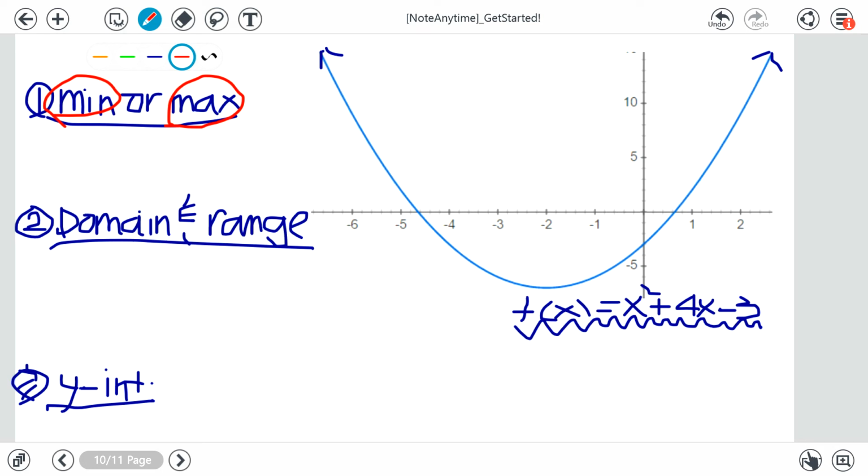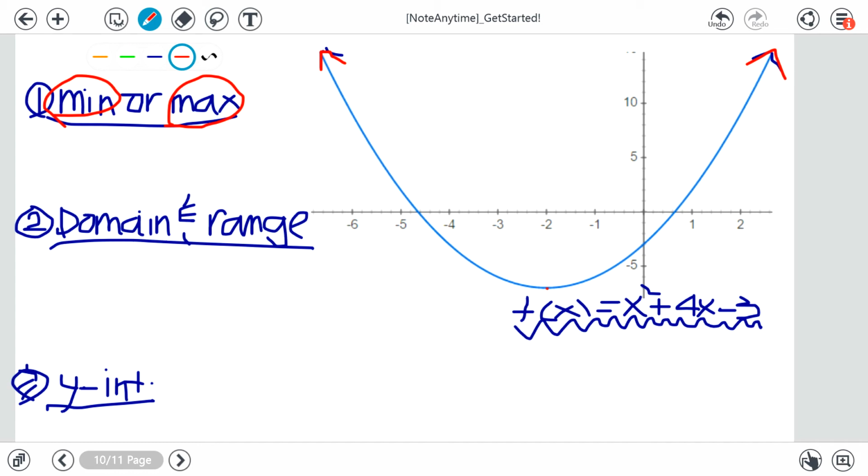As you see, this quadratic function, or this parabola, is going up infinitely. It's never stopping. So it makes sense that this one will not have a maximum point, but it will have a minimum point. It looks like somewhere over here.